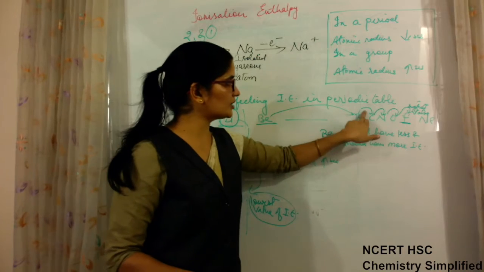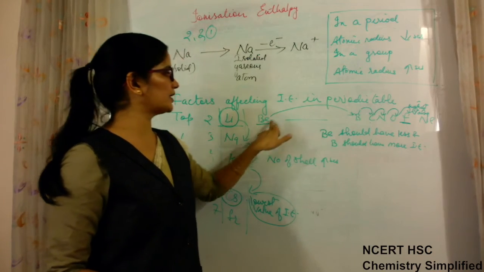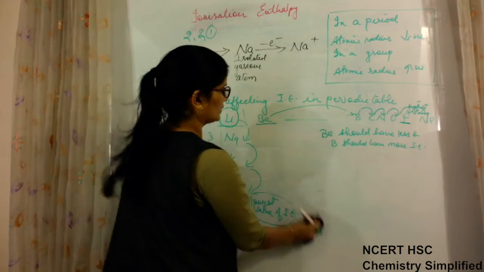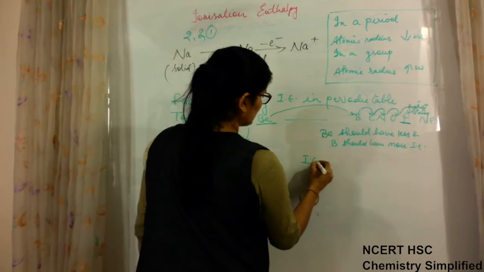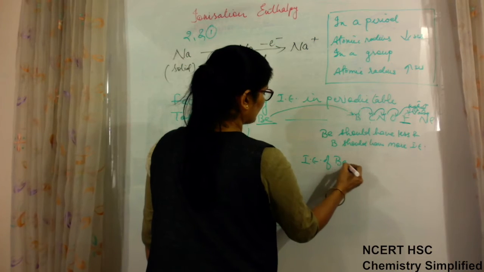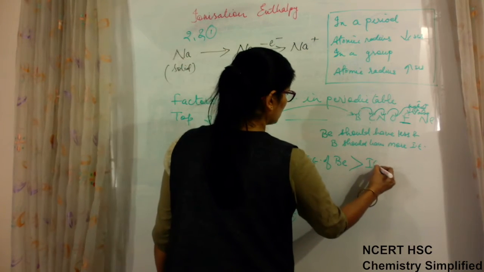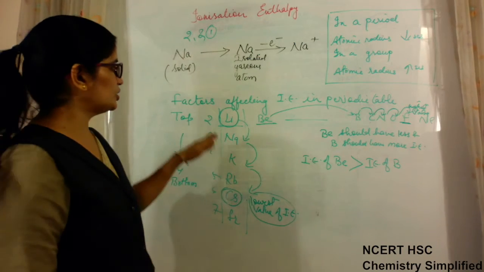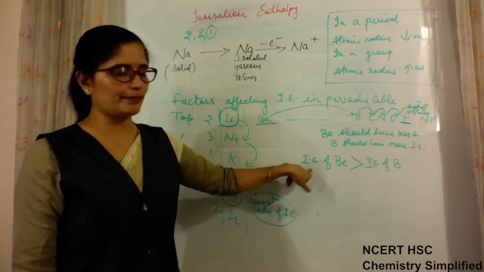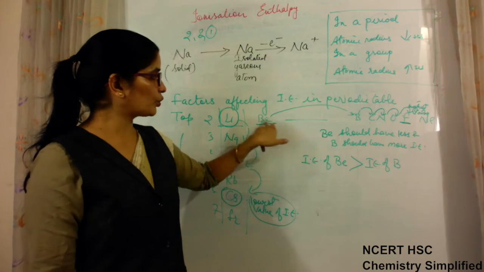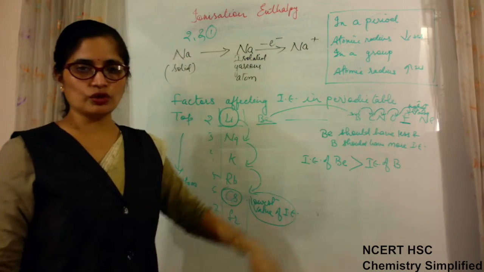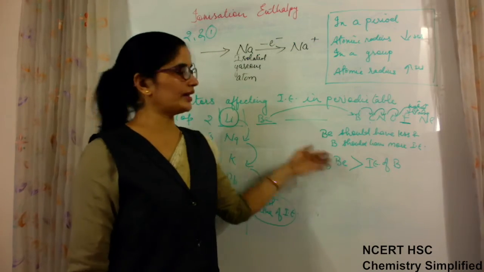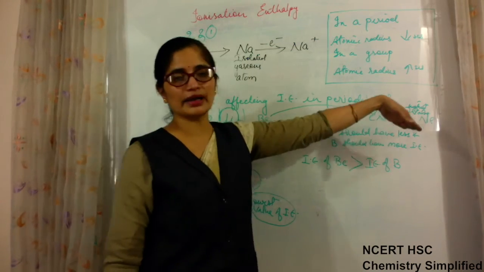So ionization enthalpy of boron should be more than the ionization enthalpy of beryllium. But IE of beryllium is more than IE of boron. Though according to the nuclear charge rule it should not happen. According to this rule, what should happen? IE of boron should be more than IE of beryllium, because it should increase in this manner.